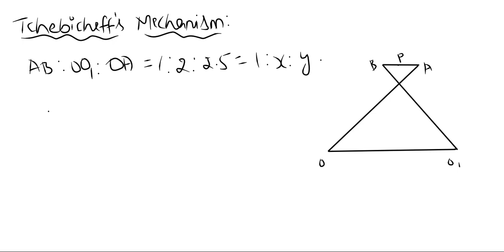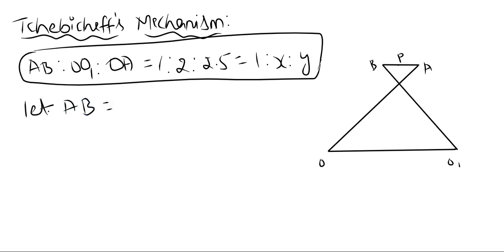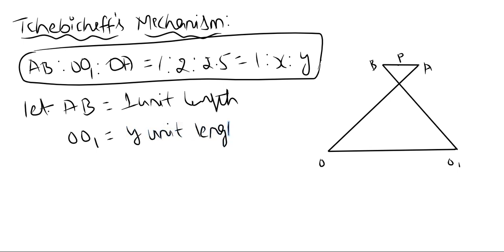To get this equation, there will be a small derivation. So let us go with the derivation. Let AB be equal to 1 unit length. I am just assuming that AB is 1 unit length, and next OO1 will be equal to y unit length.